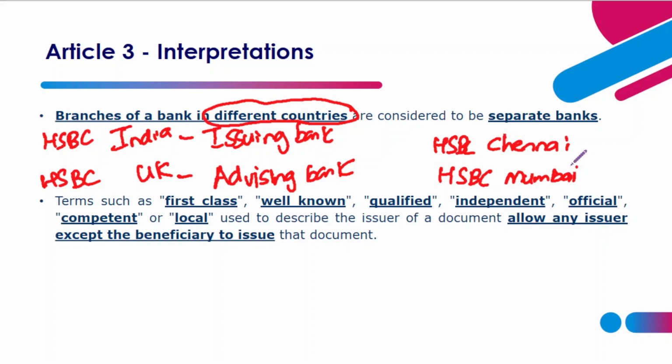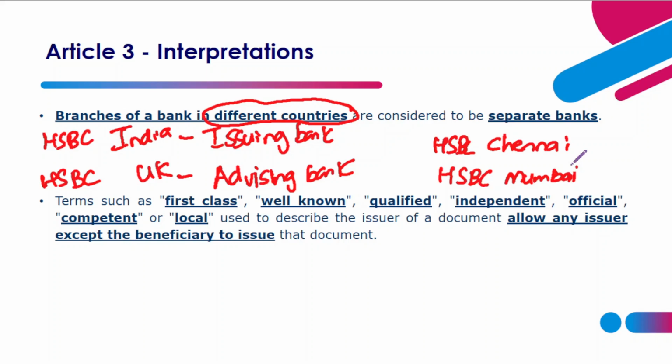Next, terms such as first class, well-known, qualified, independent, official, competent, or local used to describe the issuer of a document allow any issuer except the beneficiary to issue that document. Now, why are they saying this or having this rule? Because look at the words first class, well known, qualified, independent, official, competent and local.